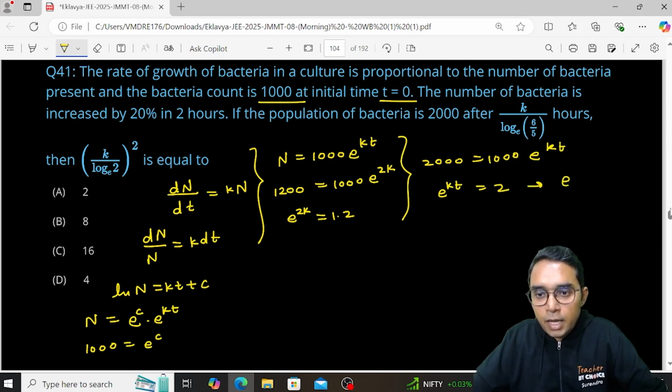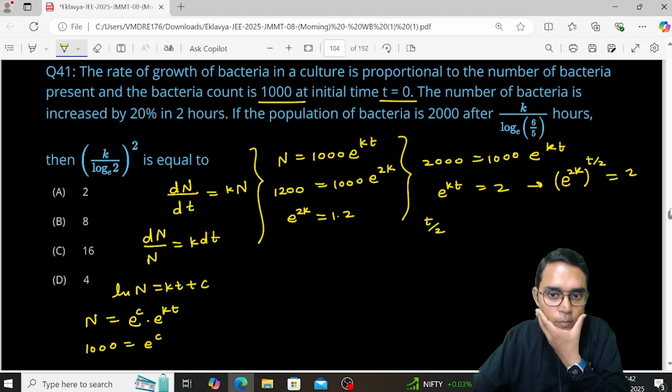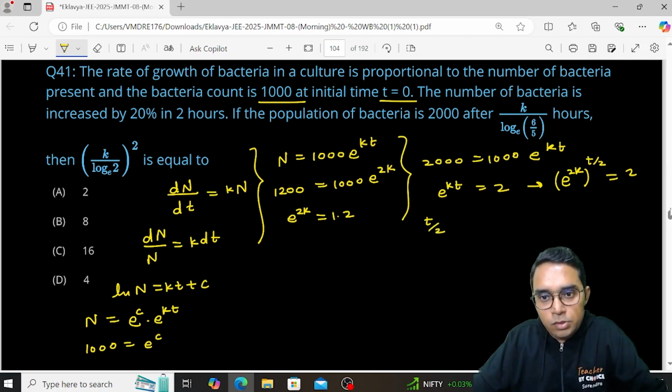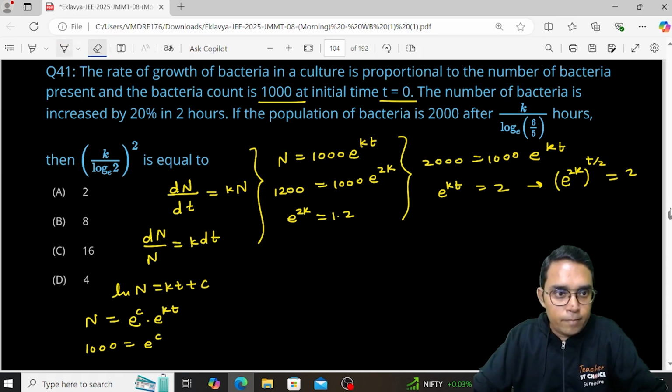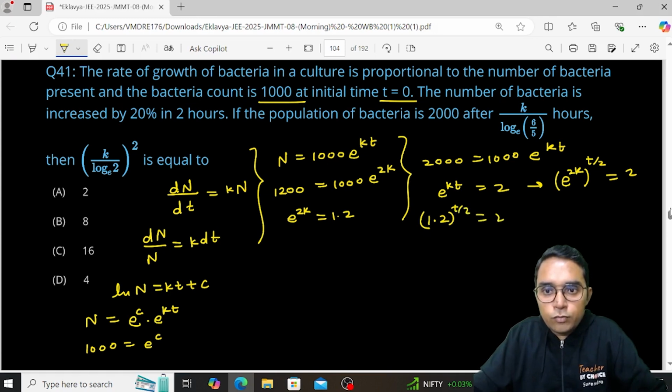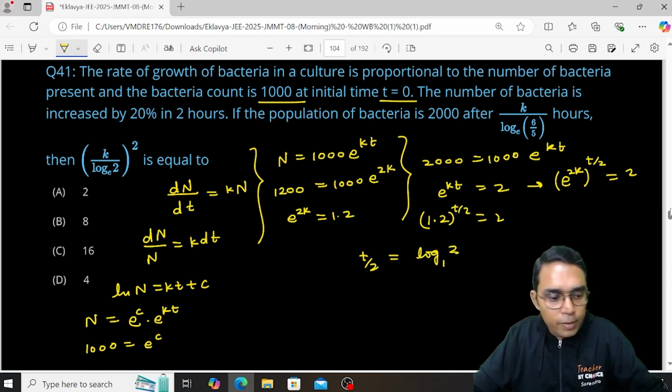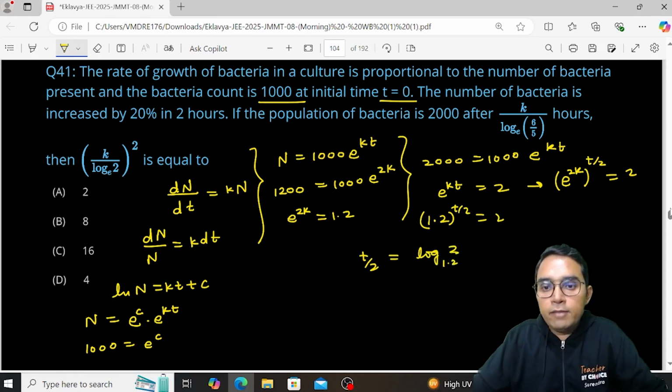What I can do for this is write it as (e power 2k) whole power t by 2 is equal to 2. e power 2k is 1.2, so we will be getting (1.2) power t by 2 is equal to 2. So from that we get t by 2 to be equal to log of 2 to the base 1.2. I think they have given the options to the base e, so we should convert these bases to e.